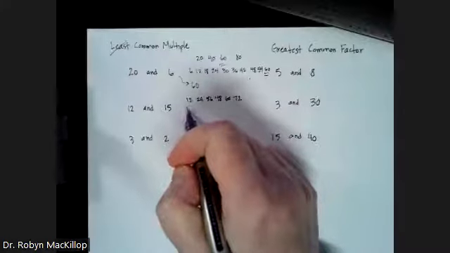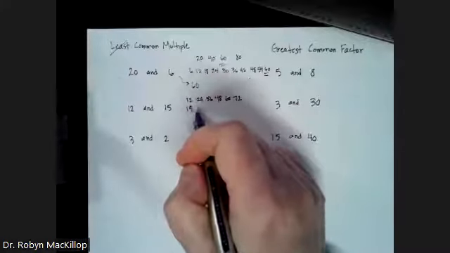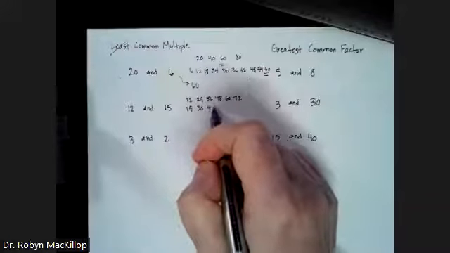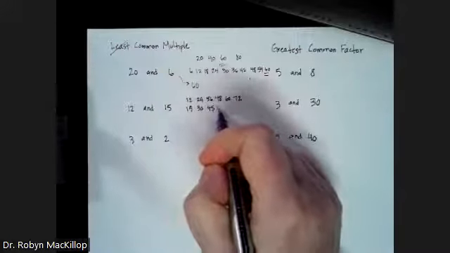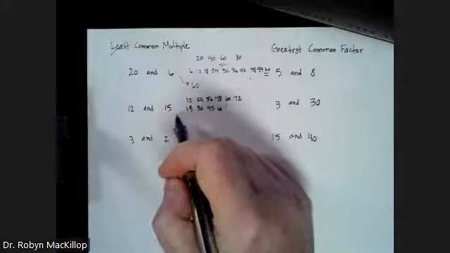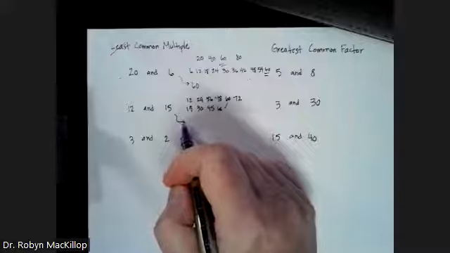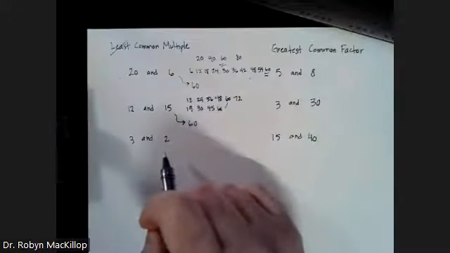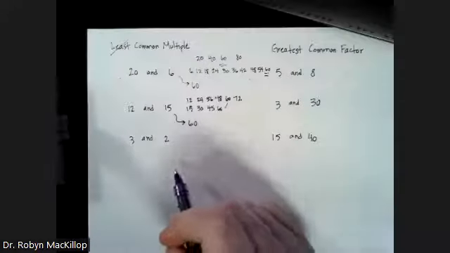And then we can try 15: 15, 30, 45, 60. Oh, there it is again. Interesting that they both happen to be 60. All right, so our least common multiple for 12 and 15 is 60.